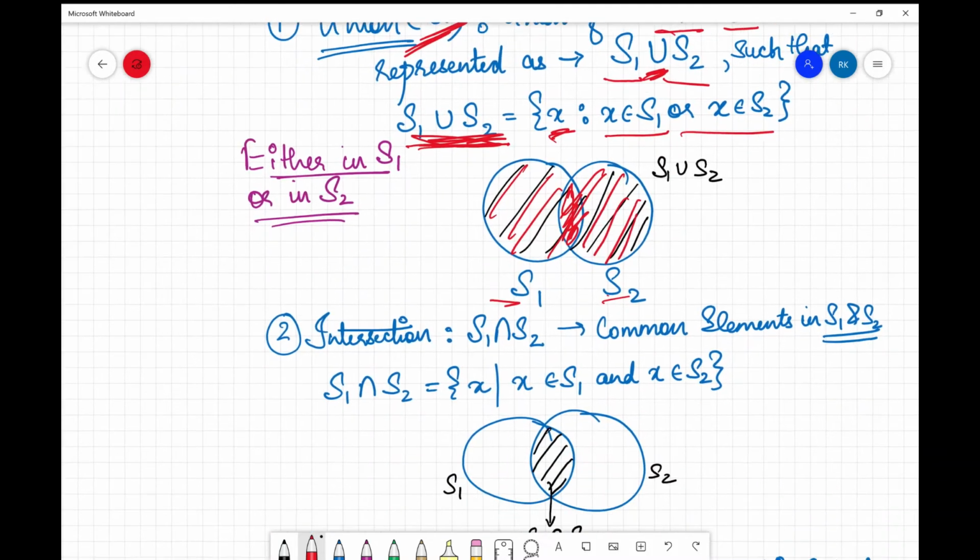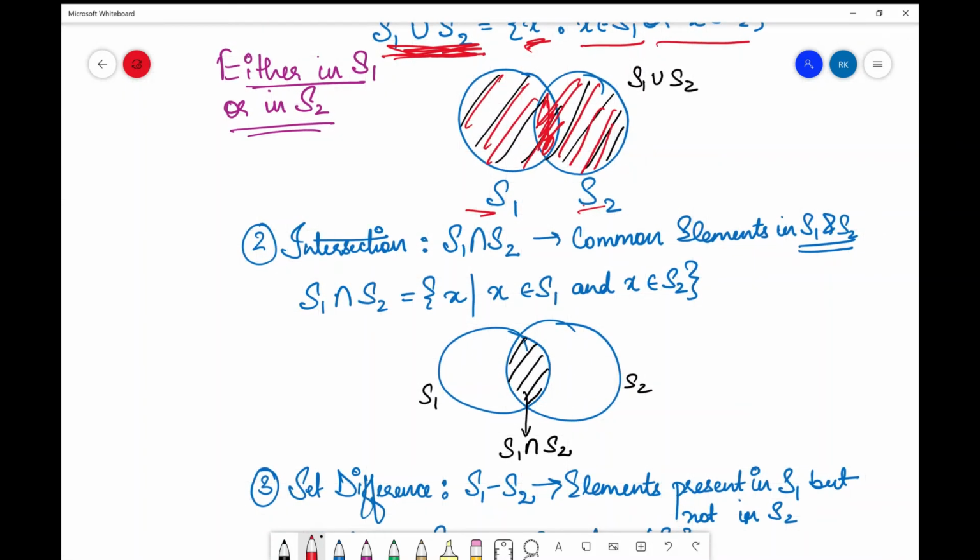Okay, let's move on. The second major operation is intersection. Intersection basically represents the common area of the two sets, as you can see in the Venn diagram over here. So this is the common area between S1 and S2 and it is represented by an inverted U symbol. And how do I represent it using set builder notation?